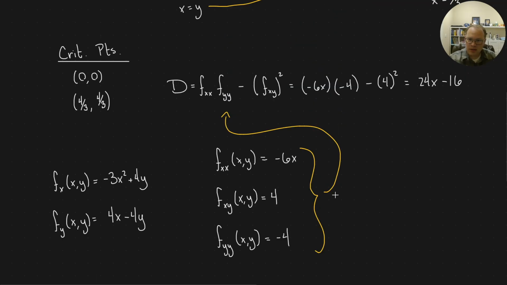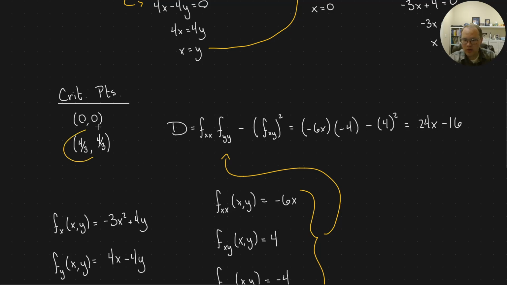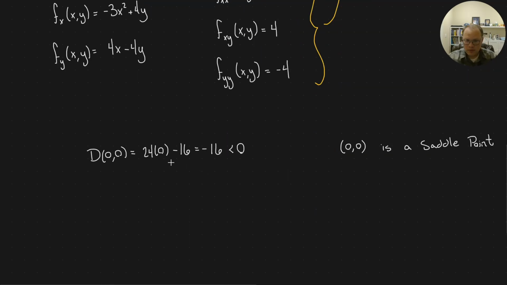Okay, now let's find our critical point 4/3, 4/3. Let's see if that is a saddle point or a local max or a local min. So D at 4/3, 4/3 is going to be 24 times x minus 16. 24 times 4/3 is, well, 3 goes into 24 eight times, 8 times 4 is 32, minus 16.